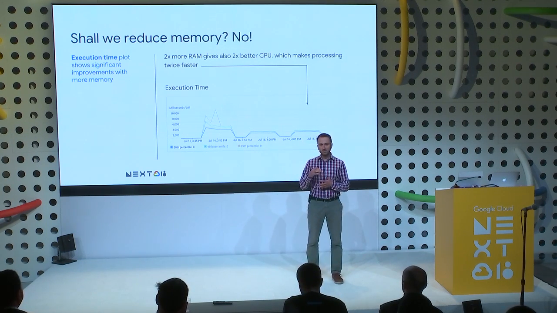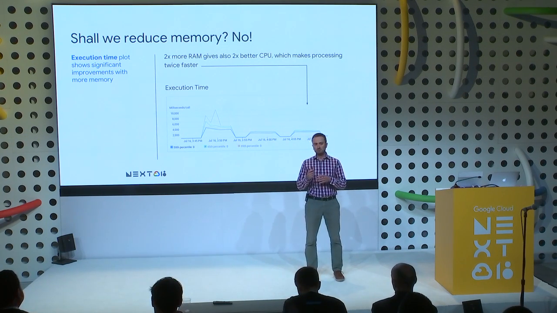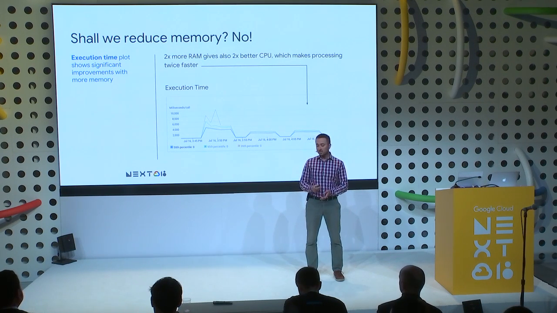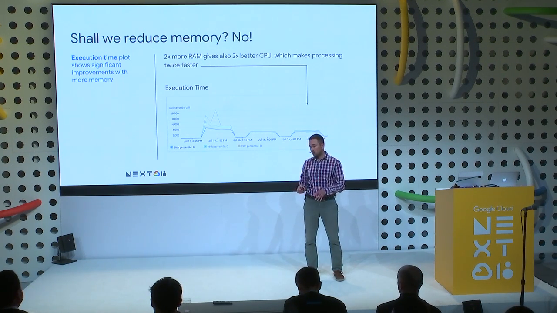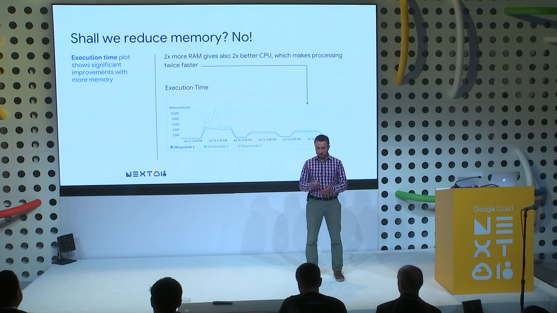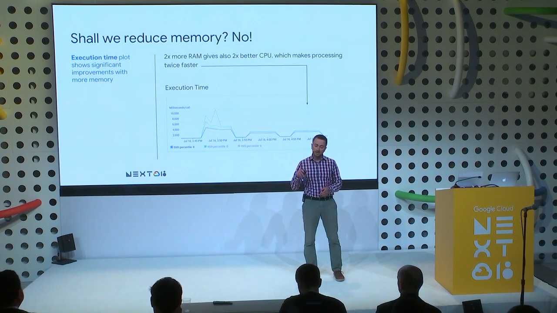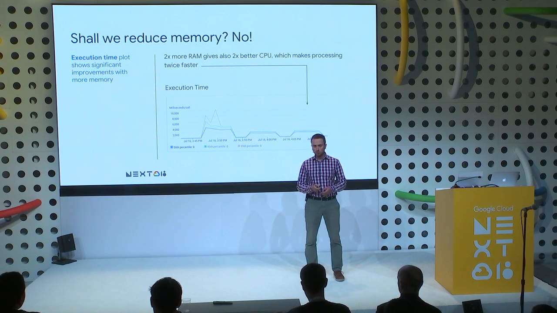And giving twice more memory gives also twice more CPU, so your function runs faster. And in our case, we would like to have the system quite performant, so 2 seconds of latency is probably quite good, but 4 seconds is a lot too much.